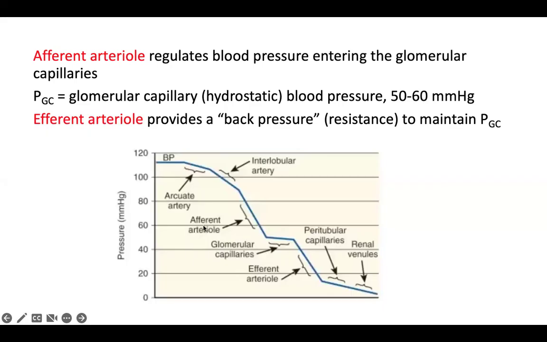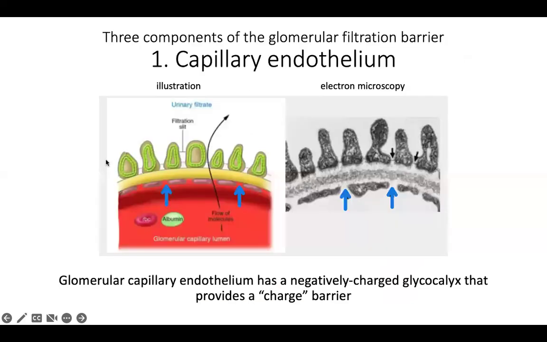So the afferent arteriole really regulates the blood pressure that is hitting the glomerulus. And then when you get to the efferent arteriole, there's a further drop in the blood pressure, such that when you get to the veins, the blood pressure is much lower, because we know the venous system is less distensible and cannot handle higher blood pressures.